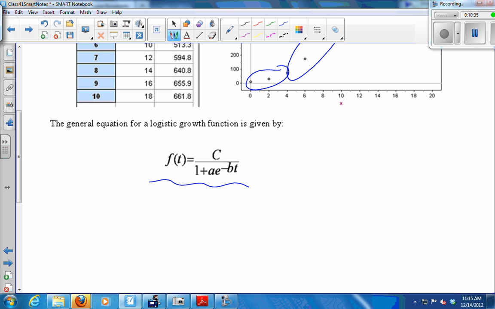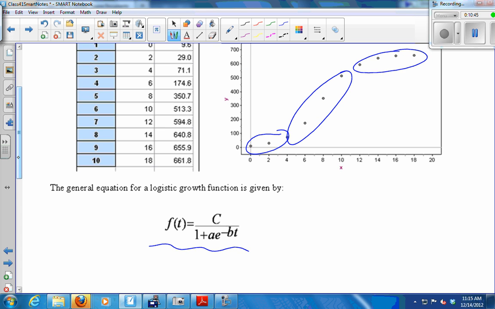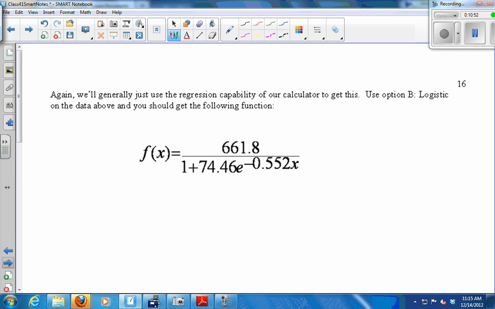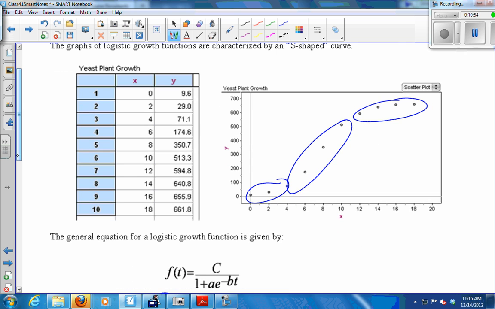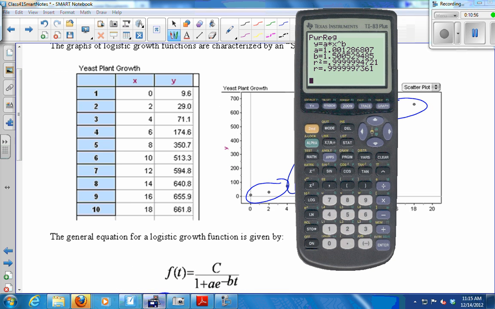Not important that you know it off the top of your head. All we're going to use this for is having the calculator do a regression. So if you have data that gives you this S shape, you should think, oh, that's logistic. I'll do logistic regression. So let's go ahead and do the logistic regression on this data.